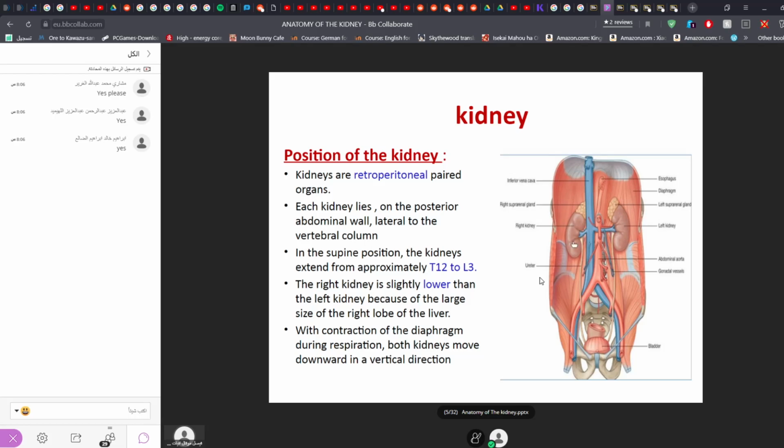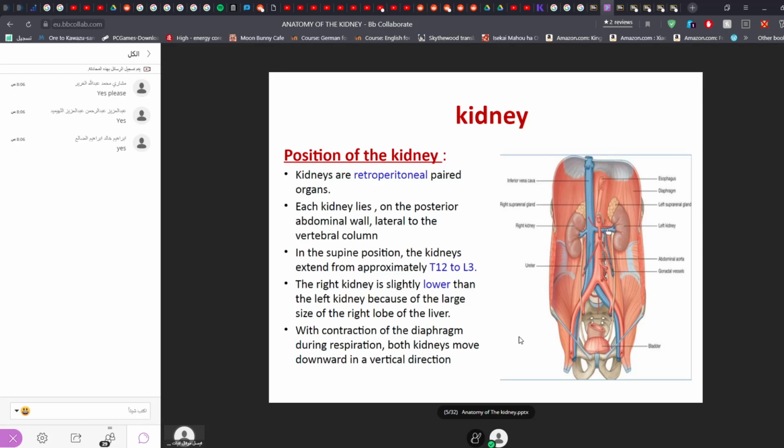If you look again at the position, the right kidney is nearer to the midline as compared to the left kidney, which is away from the midline. So the left one is easier if anybody needs a kidney or if anybody donates a kidney.